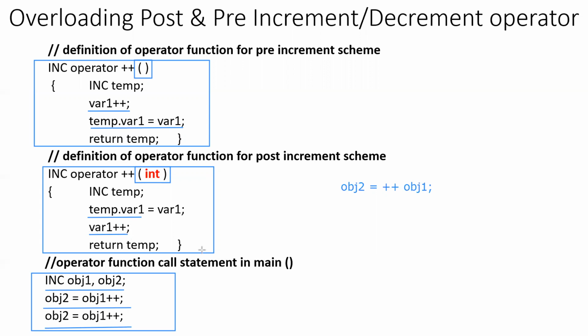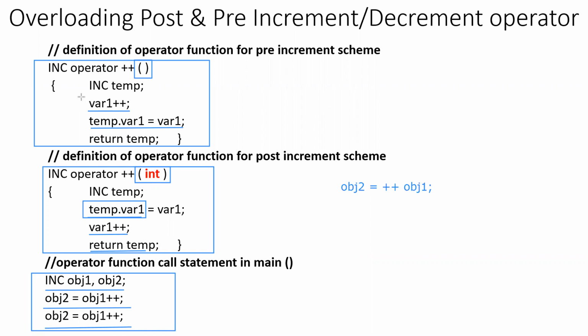One variable belongs to the object that has called the function, and temp belongs to the temp object. Now the return statement, please focus on this return statement right here. The return statement does not return the incremented value, but it returns the temporary object in which the value was assigned before the increment.